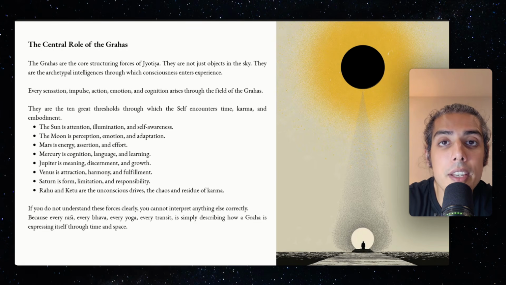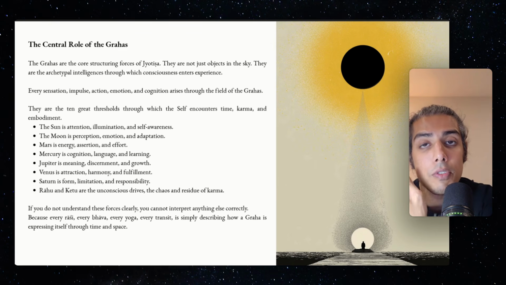Mars is being energetic, assertion, effort, courage, protection of the innocent. Mercury is cognition, language, and learning. Jupiter is meaning, discernment, and growth. Venus is attraction, harmony, devotion, fulfillment. Saturn is form, limitation, responsibility, forbearance. Rahu and Ketu are the unconscious drives, the chaos and residue of karma.